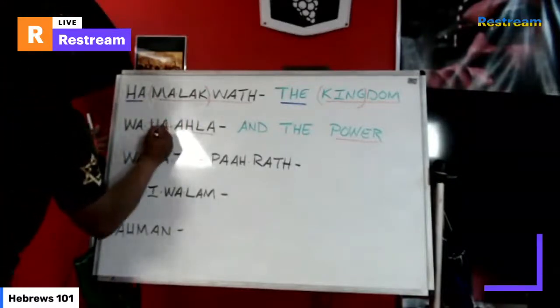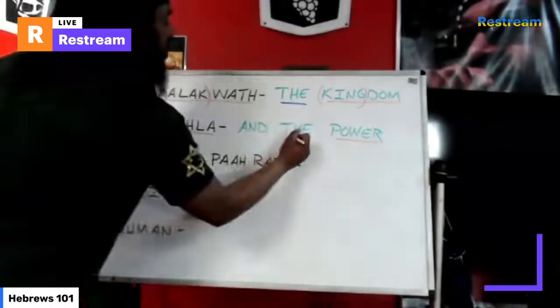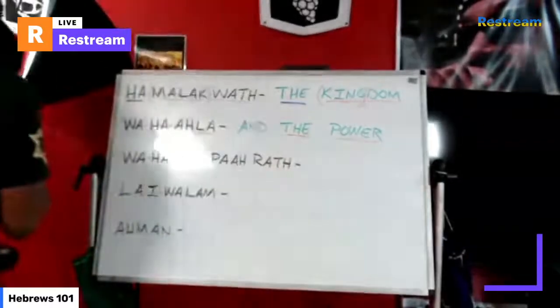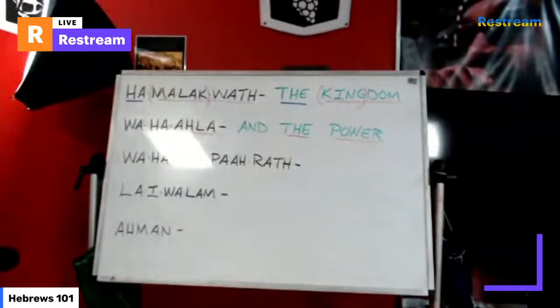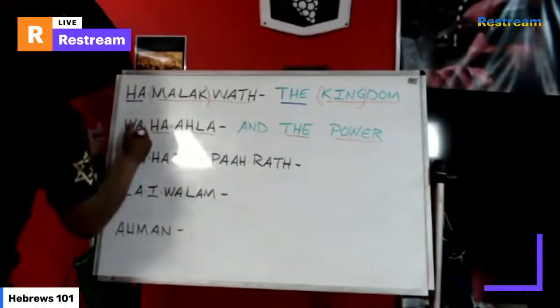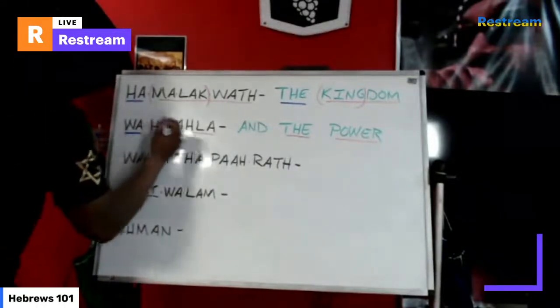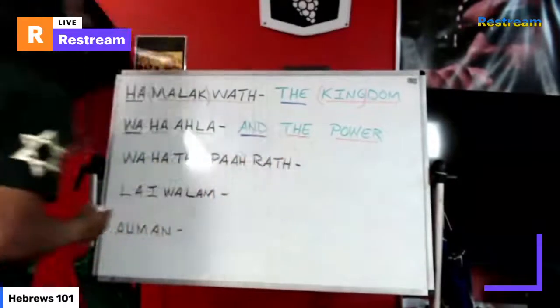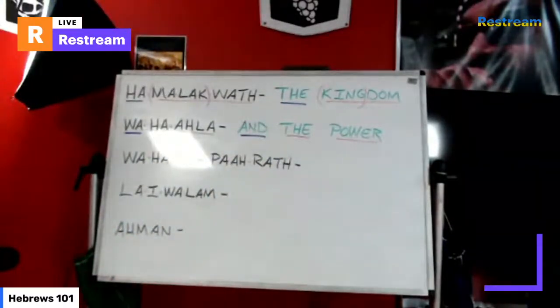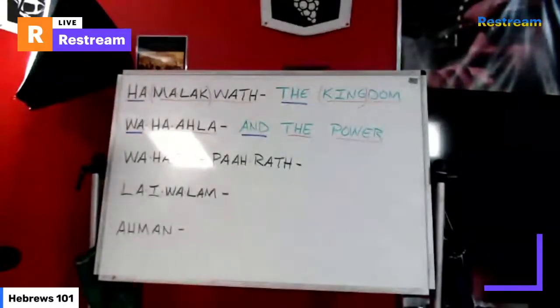So here, Ha is going to be the, and Wa is and. Just remember, when you are reading the Hebrew text and you see that Wa, most times it is just saying and.